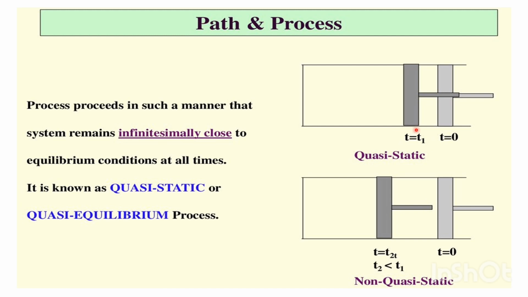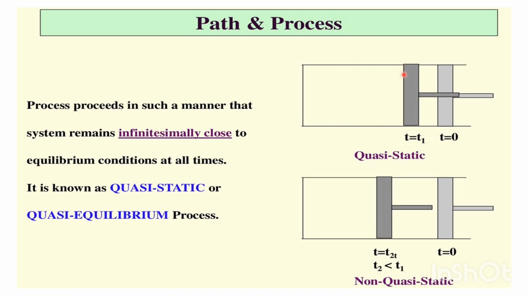When the process proceeds very slowly, the system remains in an equilibrium state at all times. See here, at time t equal to 0. After some 5 minutes, at t equal to t1, if I measure the properties of this system, we will find the system in equilibrium.